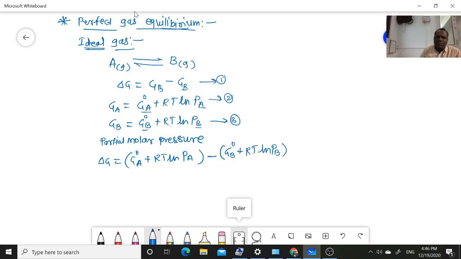Now multiply this by a minus sign: delta G is equal to G0 of A plus RT ln Pa minus G0 of B, minus, since we are multiplying with the minus, RT ln Pb.